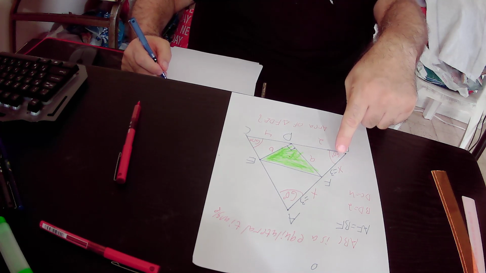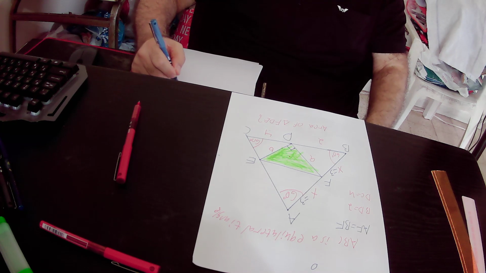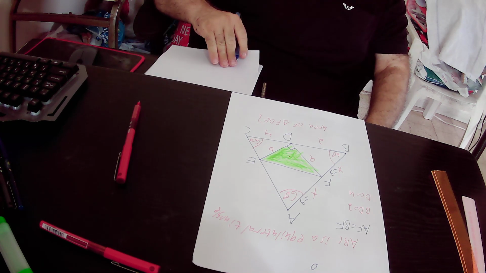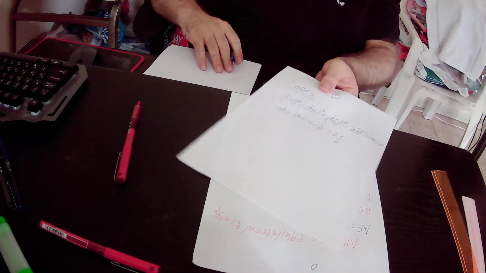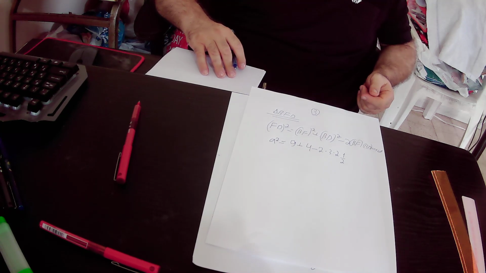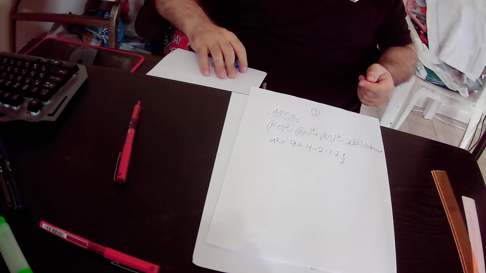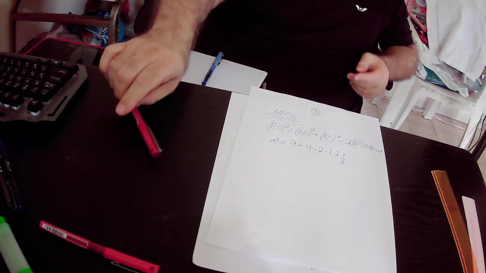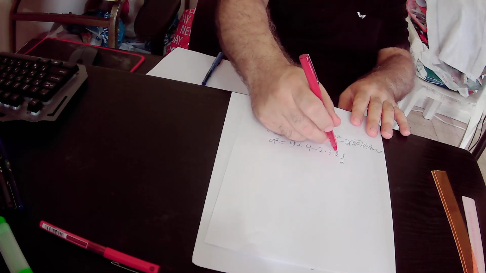Cosine 60 degrees is 1 over 2. In total, we got that A square equals 9 plus 4 minus 2 times 3 times 2 over 2. 2 over 2 is 1, so the 2 is cancelled.